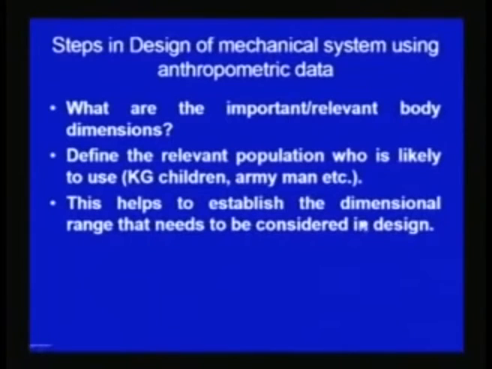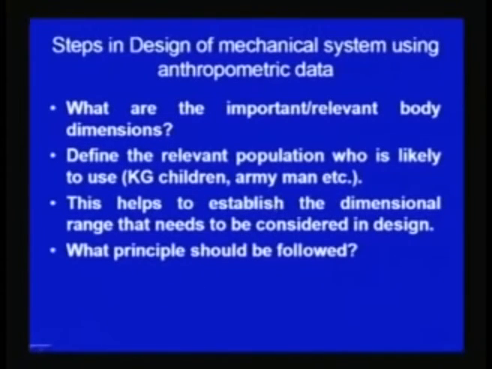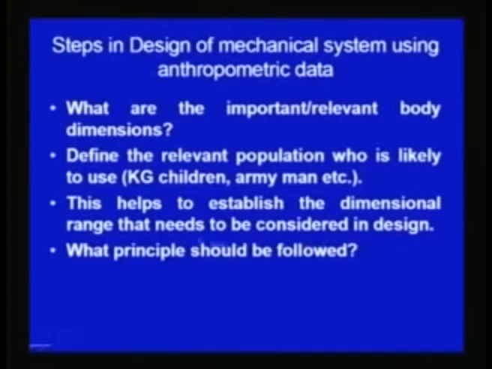Defining the population helps to establish the dimensional range that can be considered in design of the mechanical system. And once the anthropometric data about the targeted population has been received, and the average and the dispersion of the data has been obtained, what principle is to be used is decided.